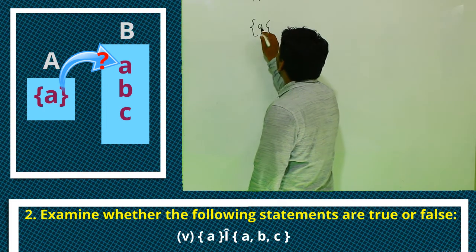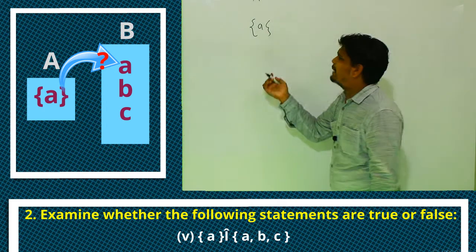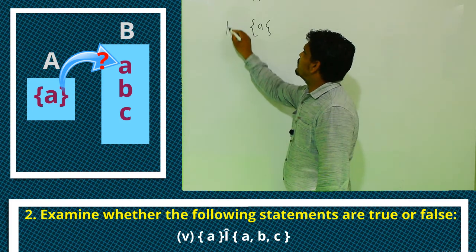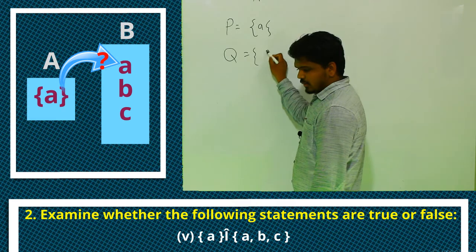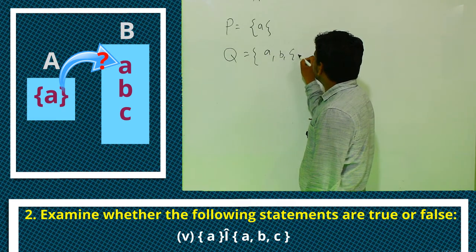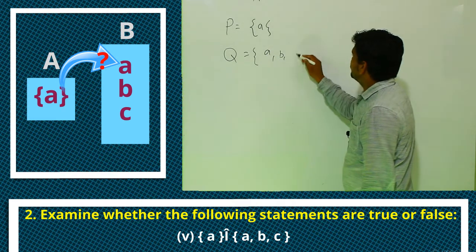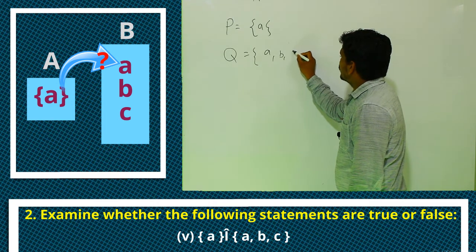Suppose, since it is a set, I must write it as some set. I will write it as capital P, and my capital Q is nothing but A, B and C. You need to check whether P belongs to Q or not.